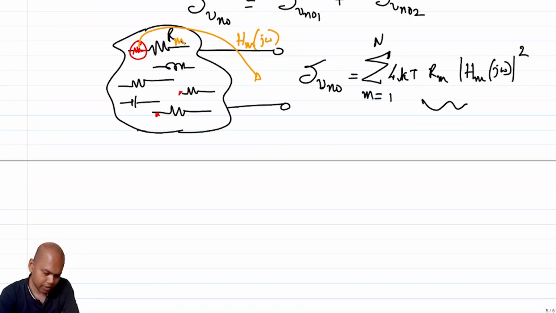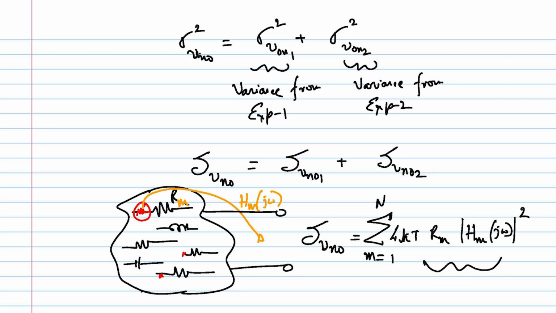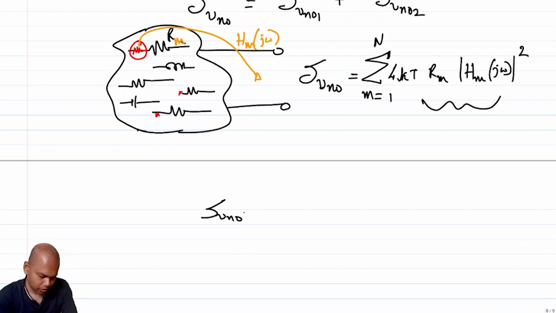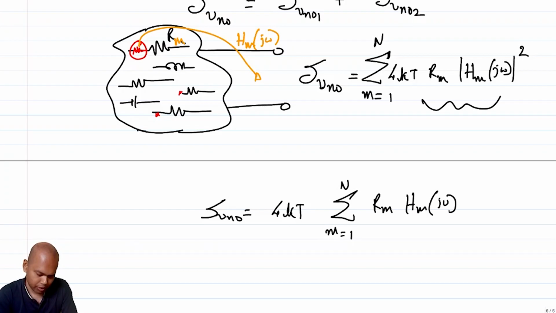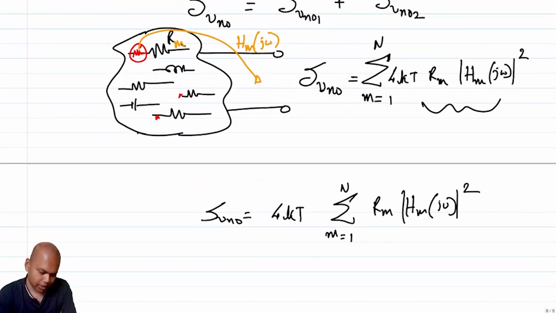If I stare at this equation for some time, I can basically say that this is equal to 4kT times the summation of Rm times |Hm(jω)| squared, right? So again, Rm is the value of the resistor, but what is Hm(jω)? Hm(jω) is the voltage transfer function from a voltage source associated with the resistor in series to the final output.